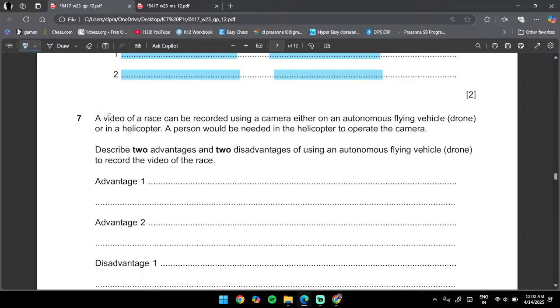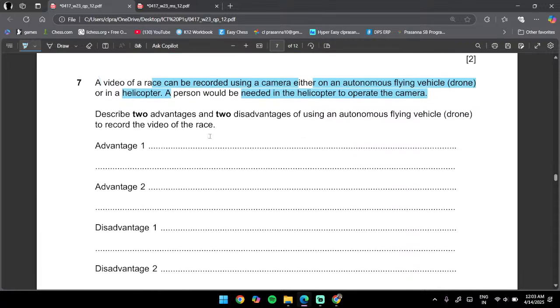Okay, so a video of a race can be recorded using a camera either on an autonomous flying vehicle or in a helicopter. A person would be needed in the helicopter to operate the camera. Describe two advantages and two disadvantages of using an autonomous flying vehicle, which is the drone, to record the video of the race.